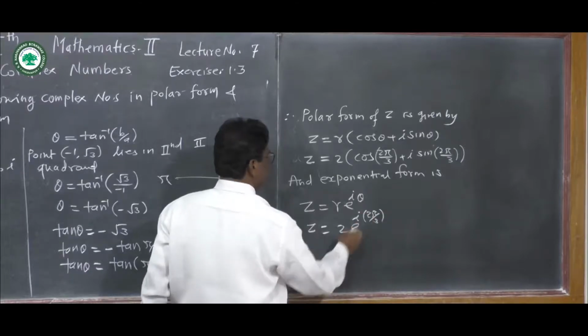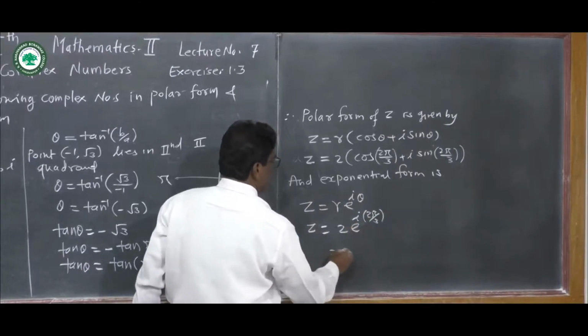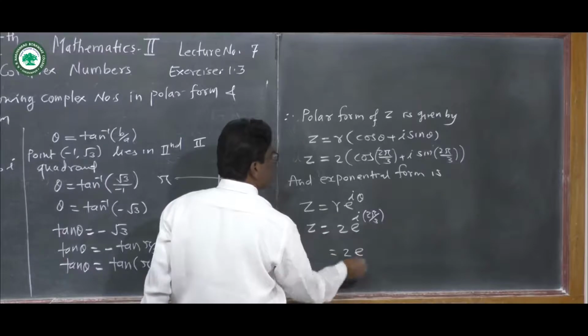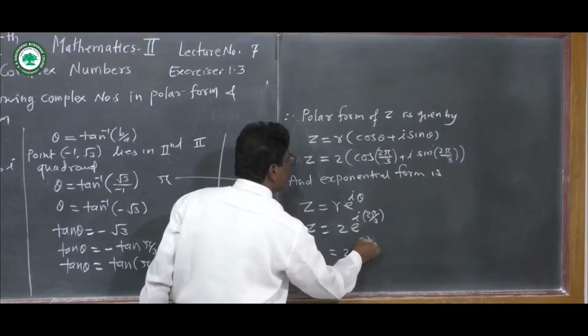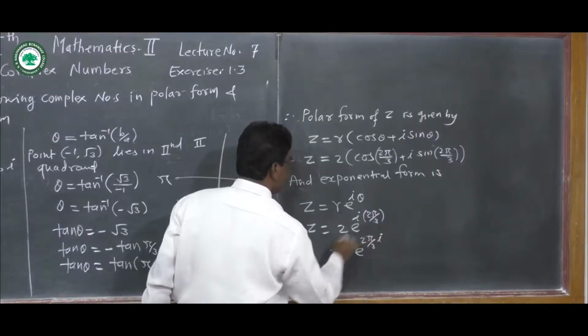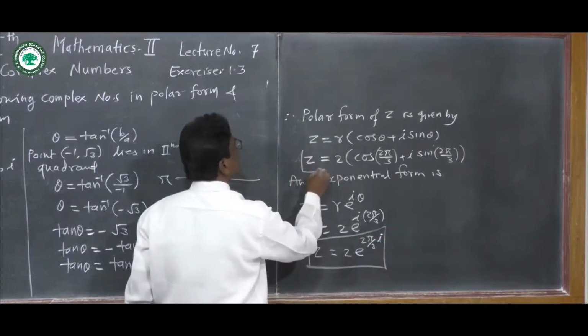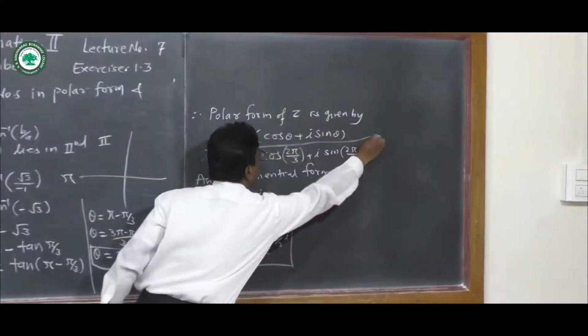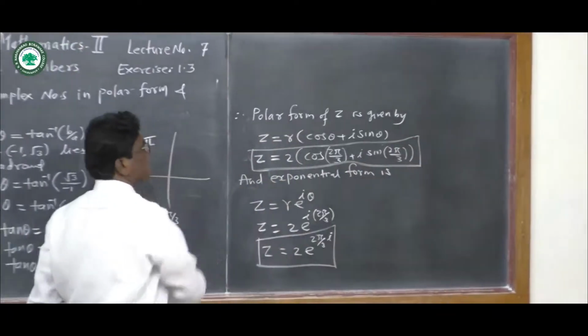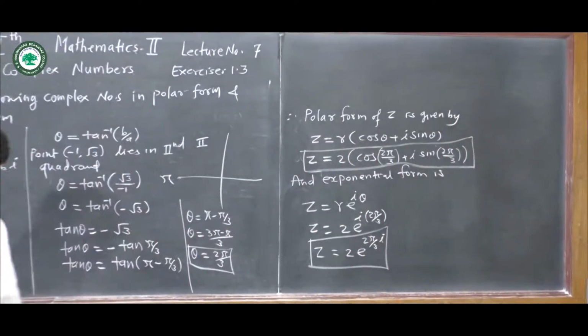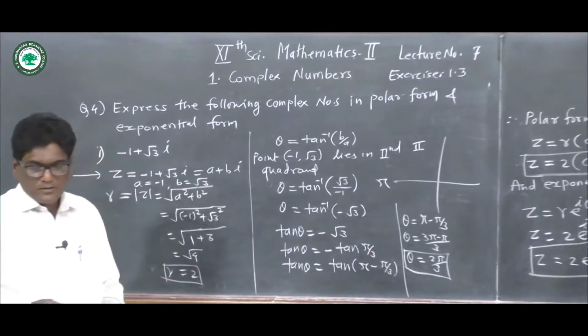So write here like this, 2 into e to the power, firstly write this angle 2 pi by 3 and i. This is the exponential form and this is the polar form. Get it? So this is the solution of the first problem.